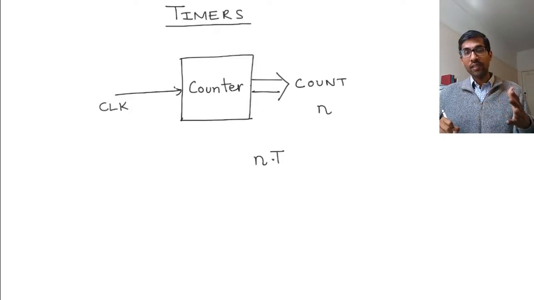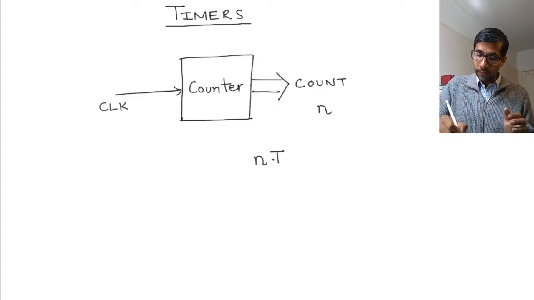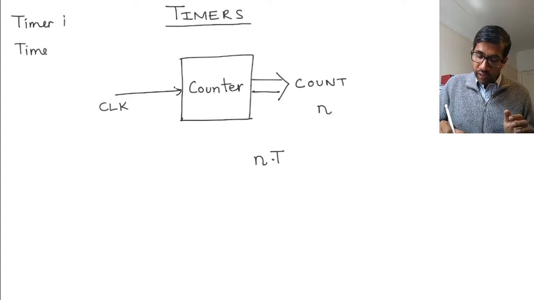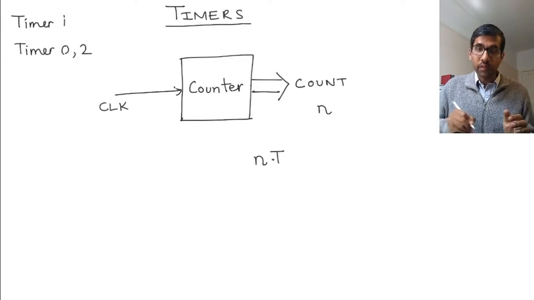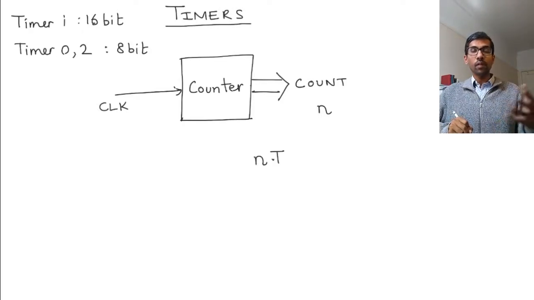Now, the counter in different timers. The Atmega 328 has three timers: timer 0, timer 1, and timer 2. Timer 0 and timer 2 are 8-bit counters, and timer 1 is a 16-bit counter. What does that mean?